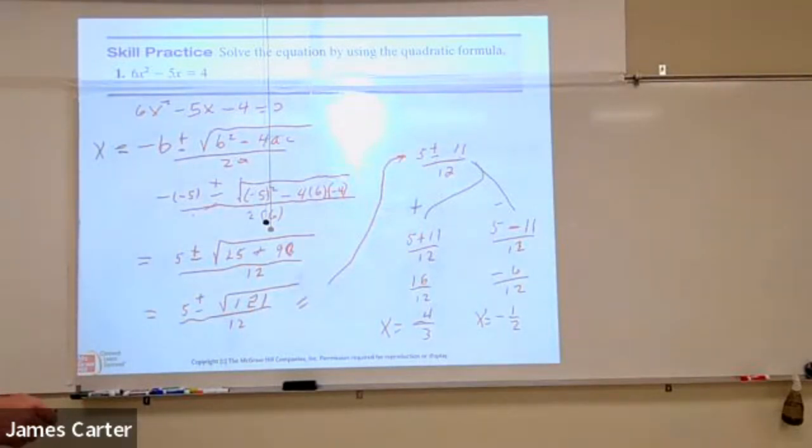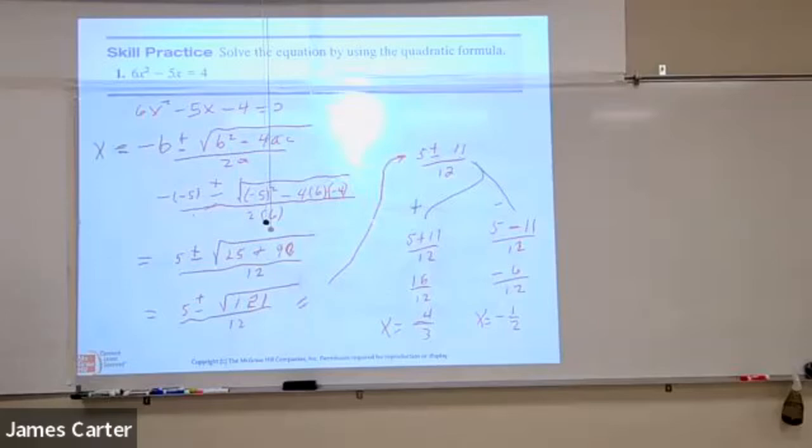That generates my two problems. One time I get 4/3, the other time I get negative 1/2. What do those two numbers represent? Where it crosses the x-axis.